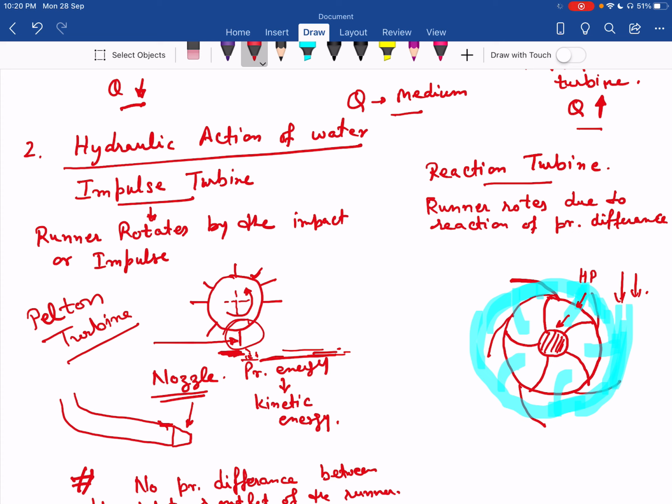Due to the passage, its velocity increases, however, its pressure decreases. This is the low pressure side. Similarly, over here, high pressure to low pressure. Similarly, here, high pressure to low pressure.